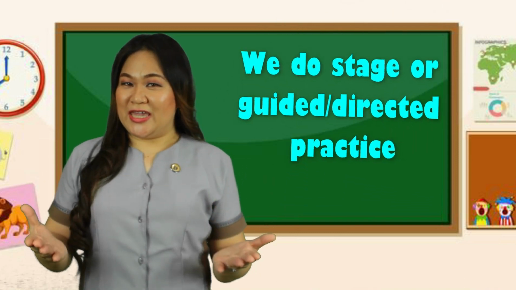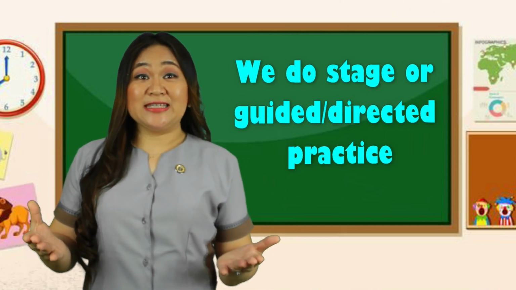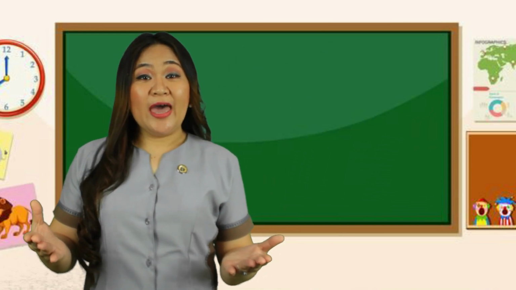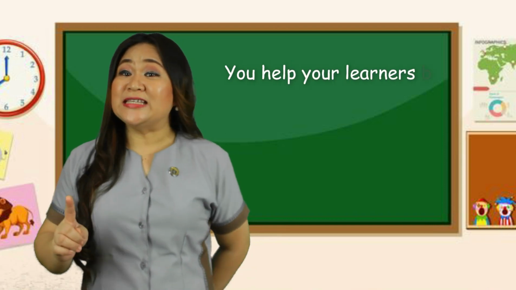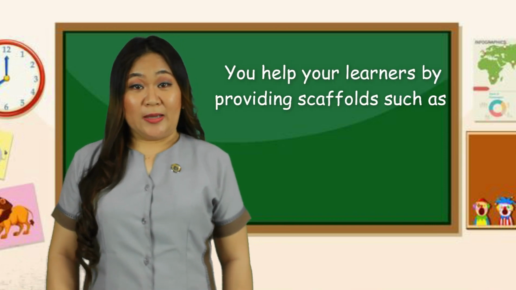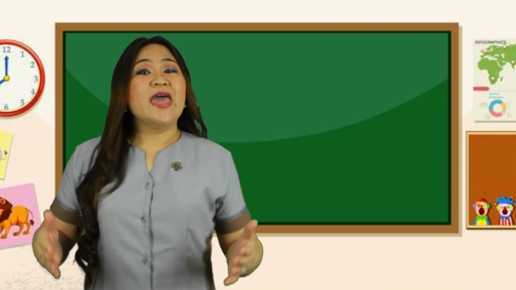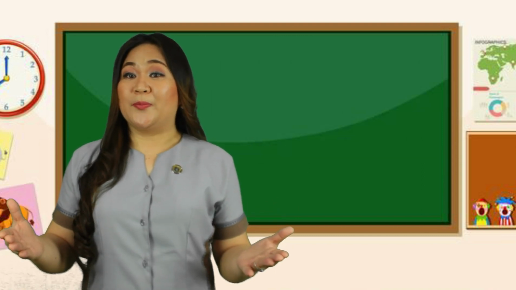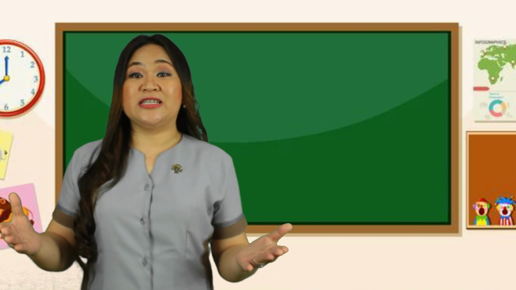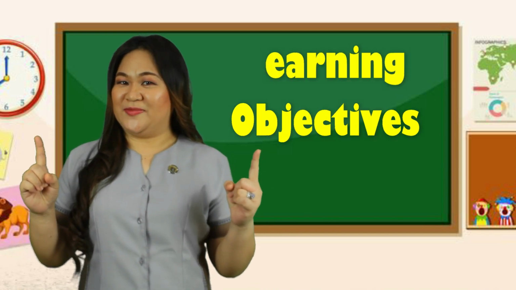In the we do stage or the guided, directed practice, you help your learners by providing scaffolds such as prompts or partially completed procedures. It allows the student with the proper support to achieve the desired learning objectives.